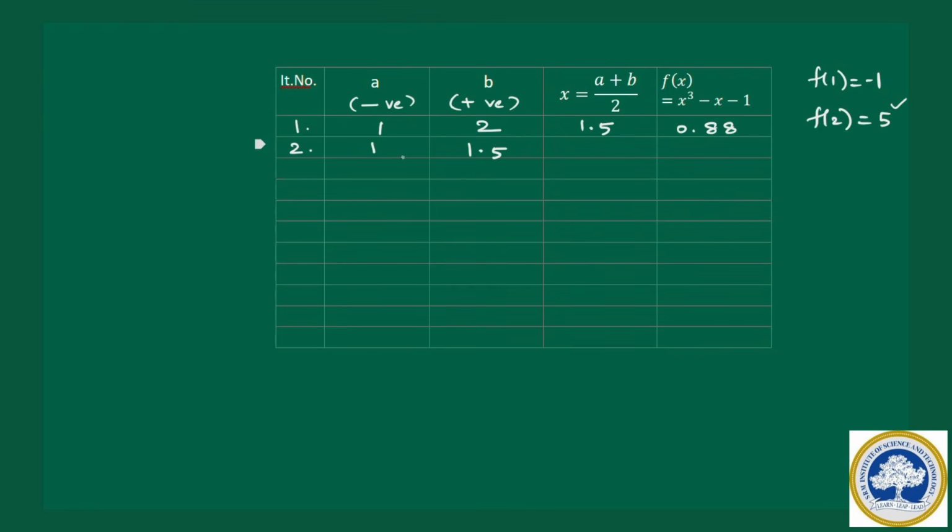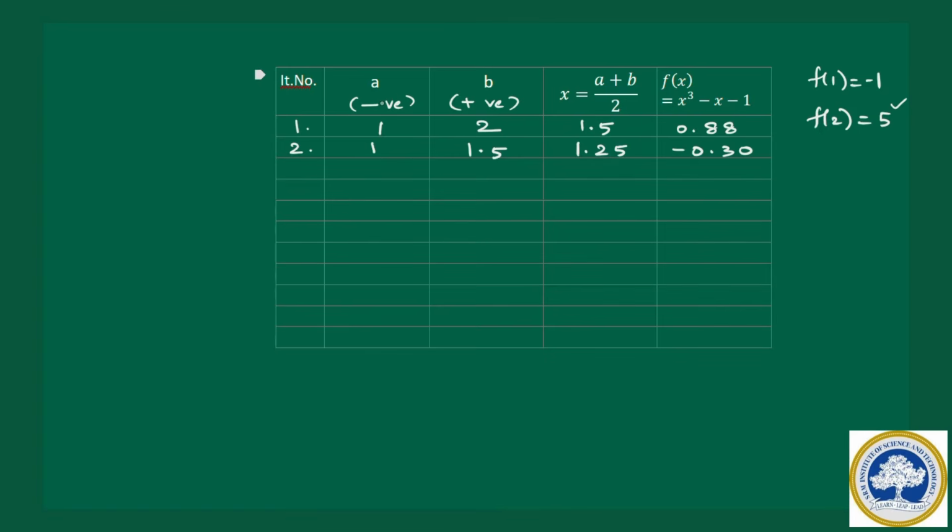Now you take the average of 1 and 1.5, that is put it in the formula (a plus b) by 2. So 1 plus 1.5 divided by 2 is 1.25. So put 1.25. Now you have to calculate f of 1.25. What is f of 1.25? Minus 0.30. So now this is negative.